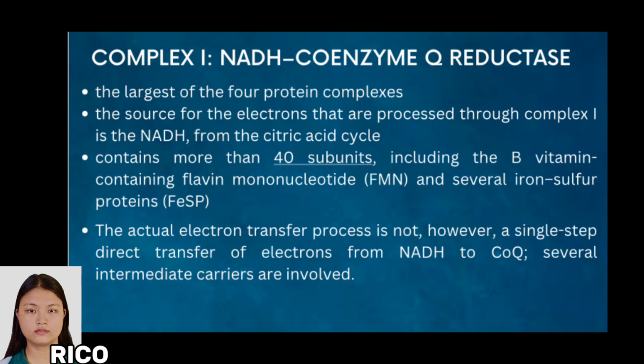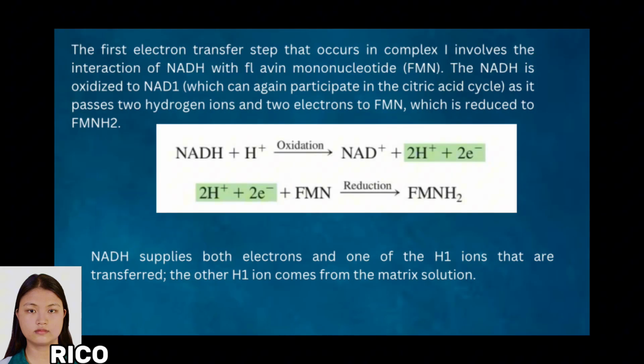When NADH reaches complex 1, it donates 2 high-energy electrons. These electrons are passed through a series of redox reactions involving flavin mononucleotide and a chain of iron-sulfur clusters within complex 1. These clusters act like tiny stations, transferring the electrons step by step through the protein.